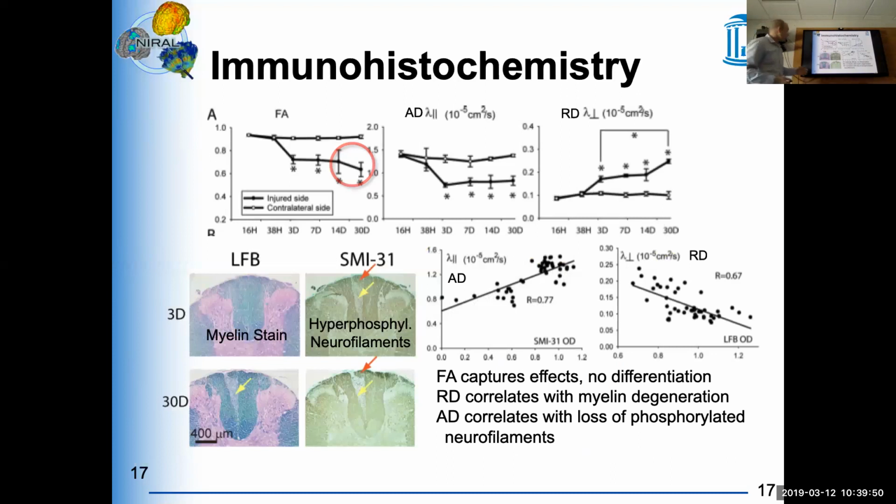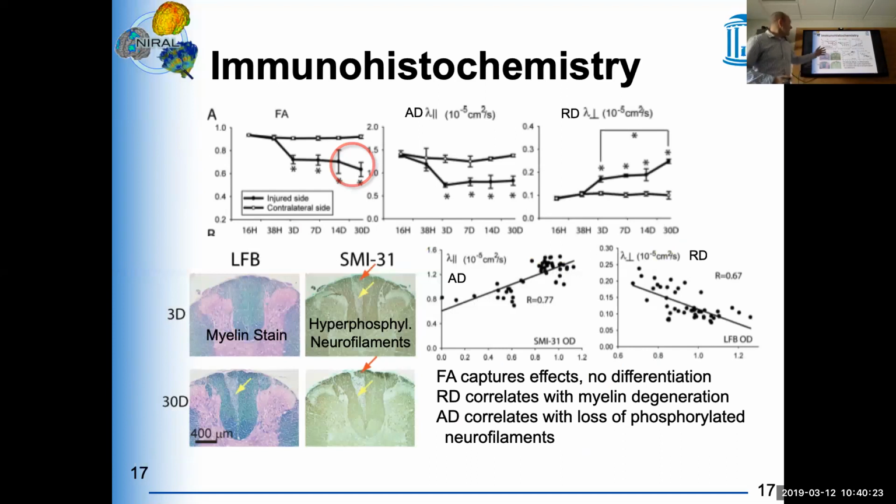In this particular case, myelin at 3 days is not impacted. The two sides look exactly the same, but after 3 days you see demyelination happening. So RD is capturing much more of that demyelination process. But not just that. Obviously, it's also impacted by the loss of neurofilaments, which you see happening more or less immediately following the surgery due to the inflammation that's locally created.